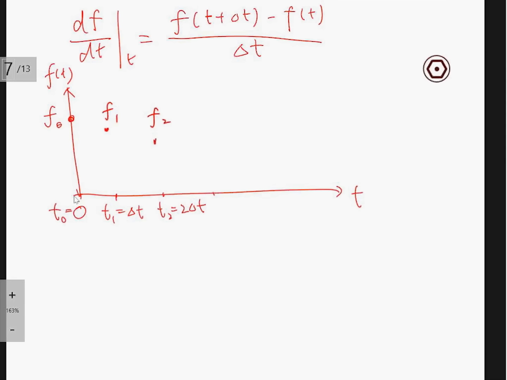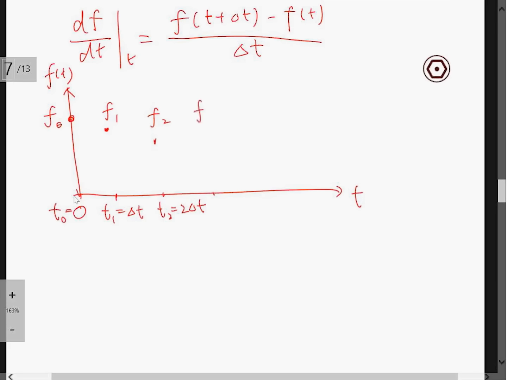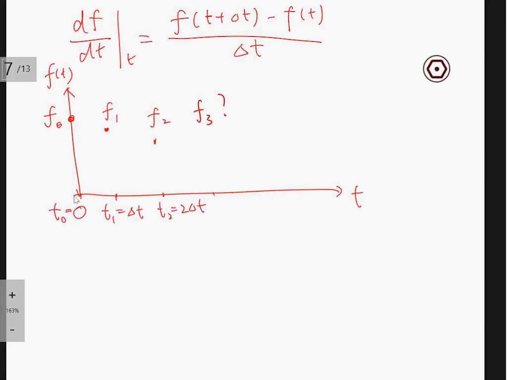Now let's say I have an ODE and I only have the solution at t0, t1, t2. I want to know the solution at the next time step. What is the value of f3? That is what happens when we solve ODEs. We start with the initial condition.